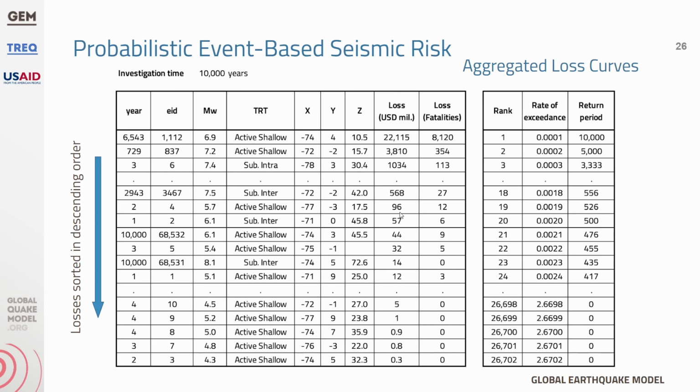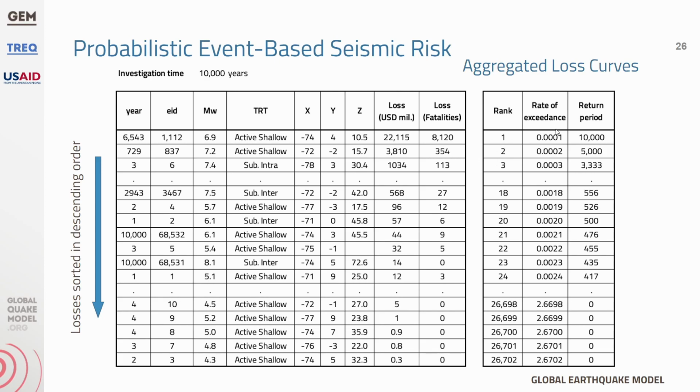So we pass from having these randomly generated events to understanding which is the most damaging one, which one creates the highest losses. We also pass from having them disordered to ordering them from highest to low, to understanding how many times we observe them within our investigation time.